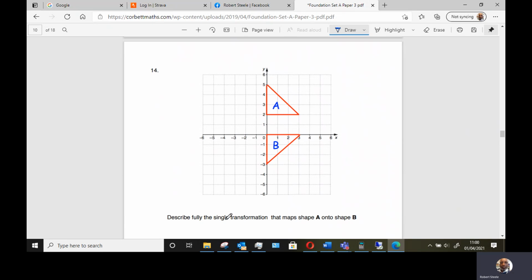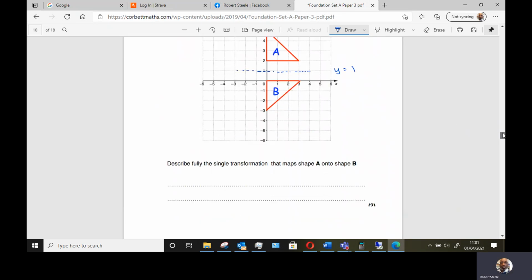So, how did we get from A to B? Well, it looks to me, if I draw this line through the middle, which is the line y equals 1, we've done a reflection.